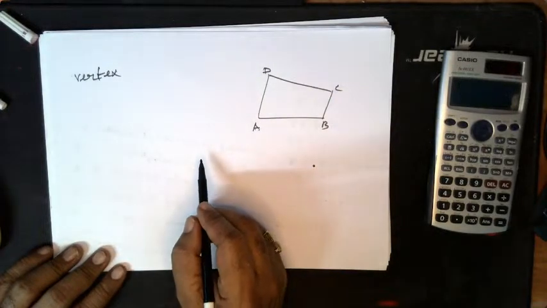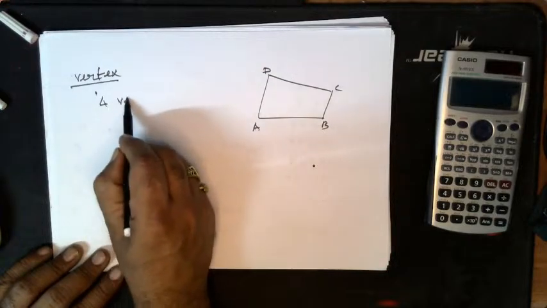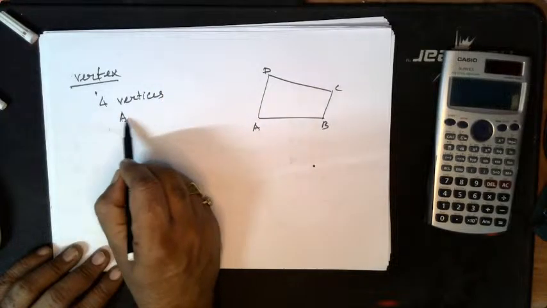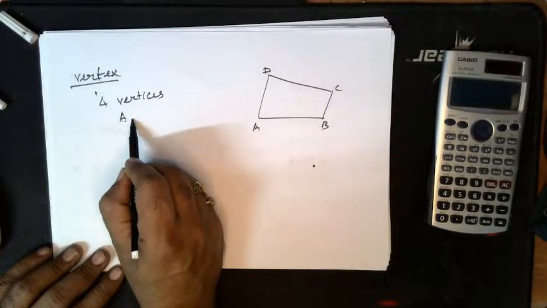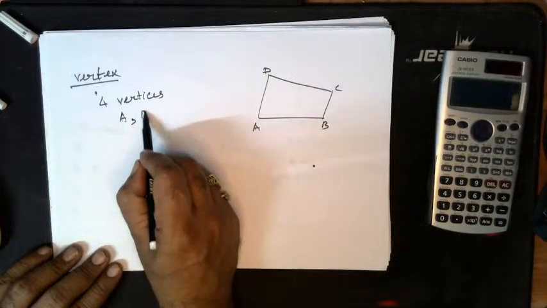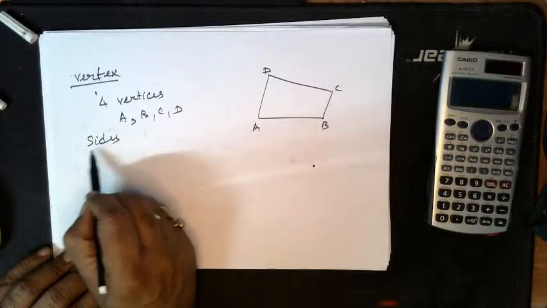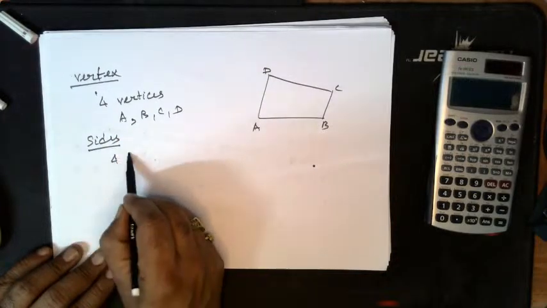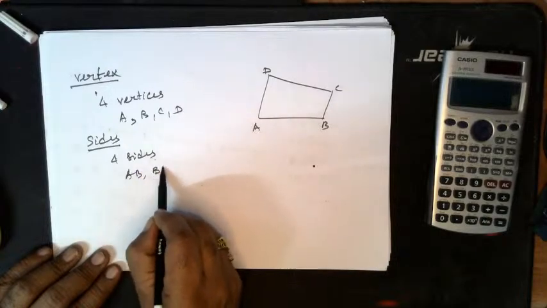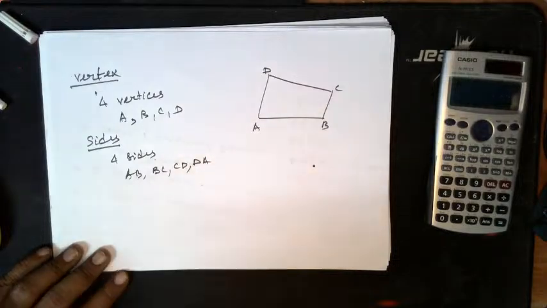Likewise, plural is vertices. 4 vertices. What are those? A, B, C, D. And it has 4 sides. What are those? AB, BC, CD, DA, right?